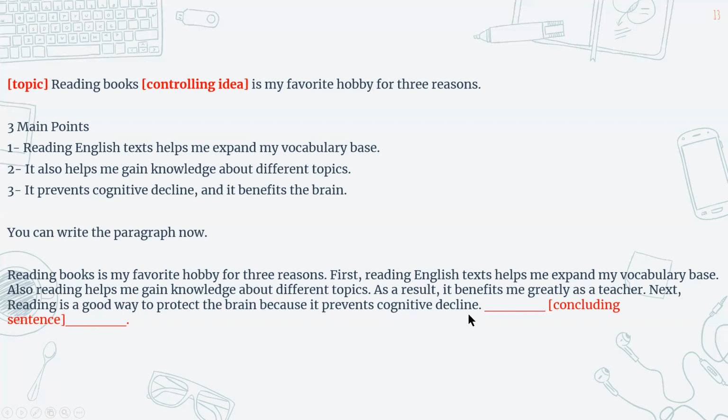Okay, so I took these three main points and used them to write three or more sentences. Of course, for each main point you can write maybe two sentences. You can give examples and so on. This very simple paragraph is missing something called a concluding sentence. Okay, we will talk about that in a minute.